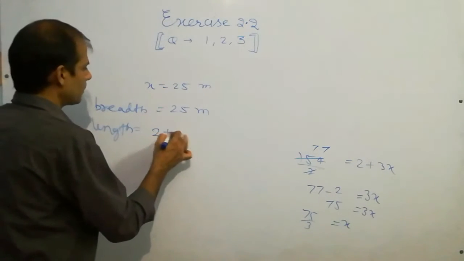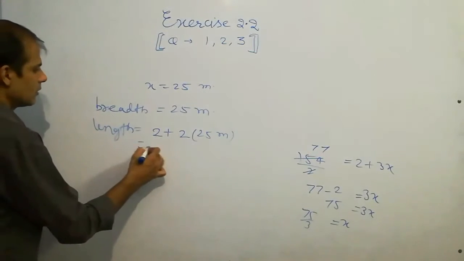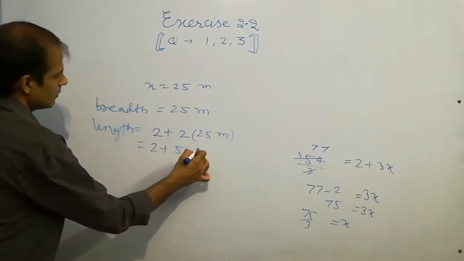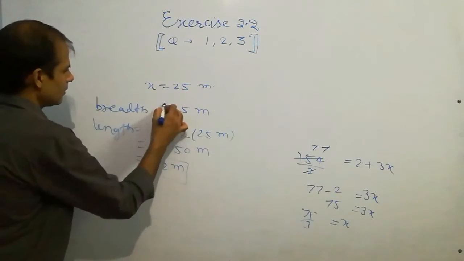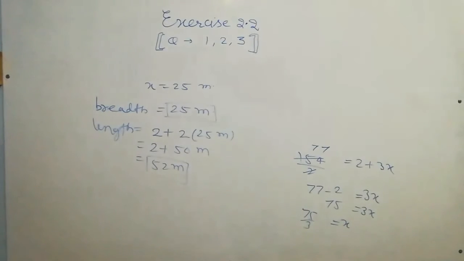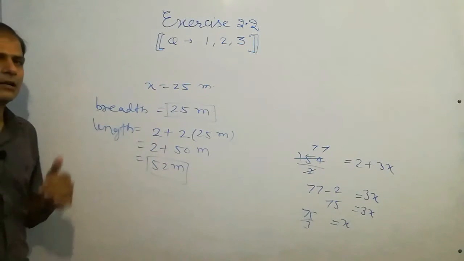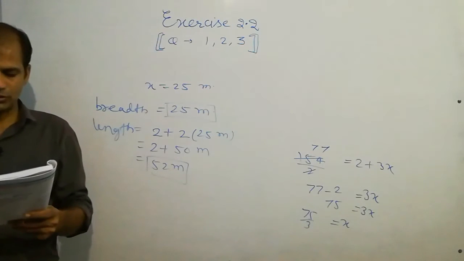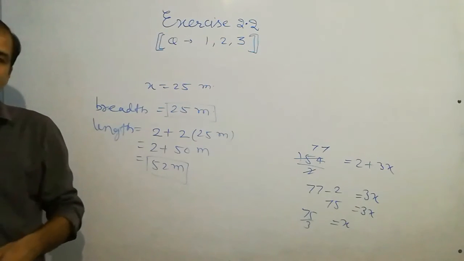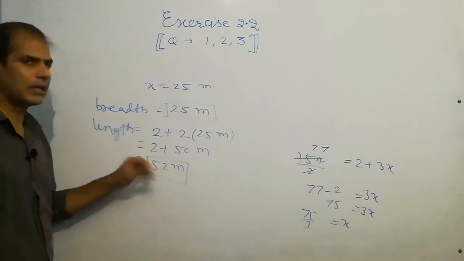So it is 2 plus 2 times 25, 2 plus 50, and it is 52 meter. So this is the answer, because in the question it is asked to find the length and breadth of the rectangular swimming pool. So this is the breadth and this is the length.